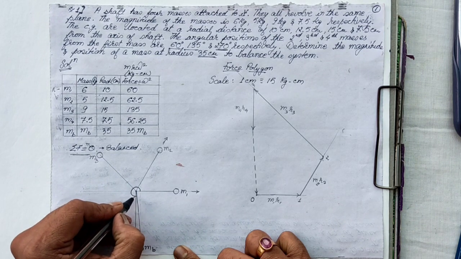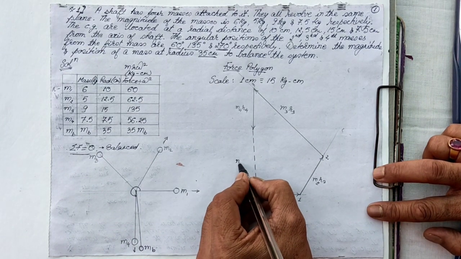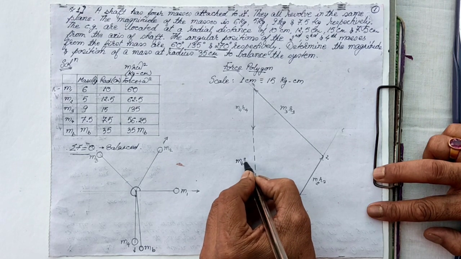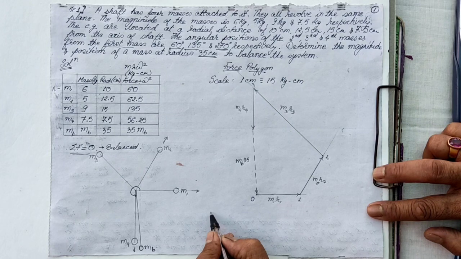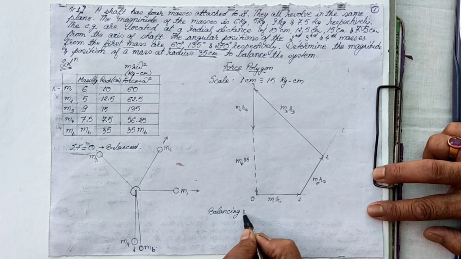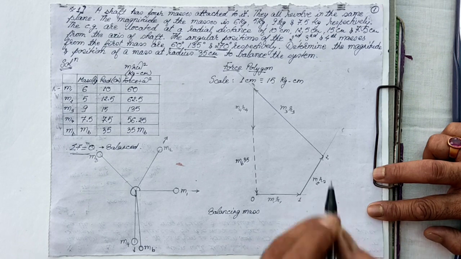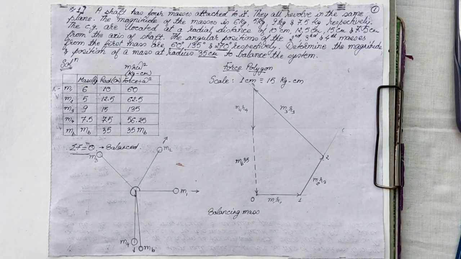Measuring in the same sense, we will specify its value. This is actually MB35, the balancing mass from the force polygon.